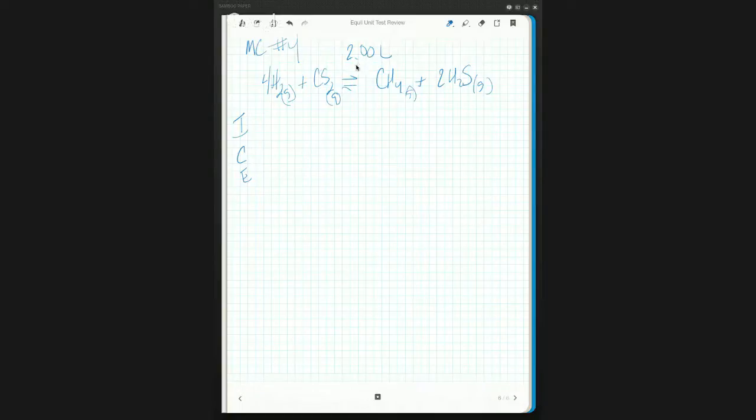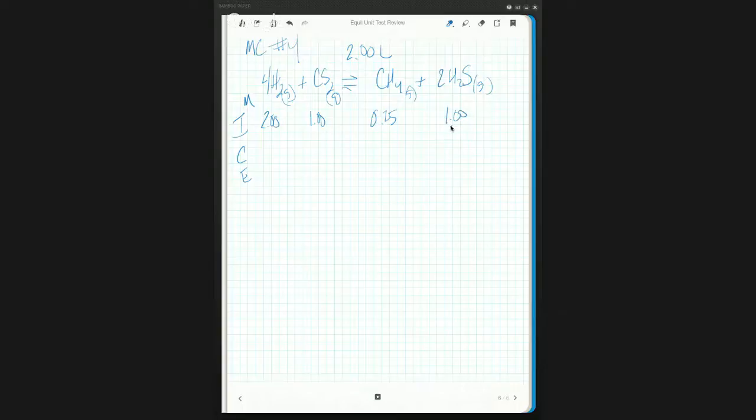So for H2 it's 4.00 divided by 2, so 2.00. And now it's in molarity, by the way, because we're doing this ICE table. For the CS2, it was 2 moles, so divided by 2 liters is 1.00. The CH4 was at 0.5 divided by 2, which is 0.25. And the H2S was at 2 moles, so that was also 1.00 molarity.